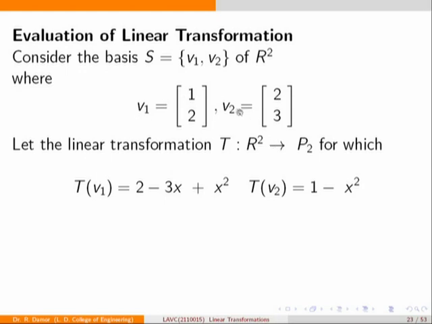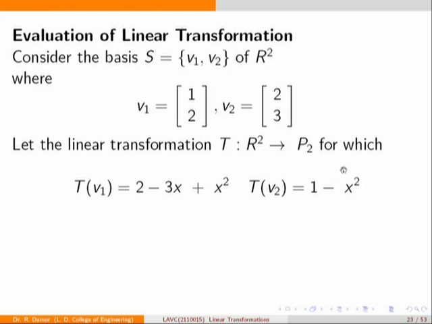Same thing, transformation of v2 is nothing but 1 minus x squared. Keep in mind that the transformation is linear, this is the basis, and the transformation is defined from vector space R2 to vector space P2. Clear? Considering the images of v1 and v2 are these, now I have to find my transformation. What is my transformation? So now do this.